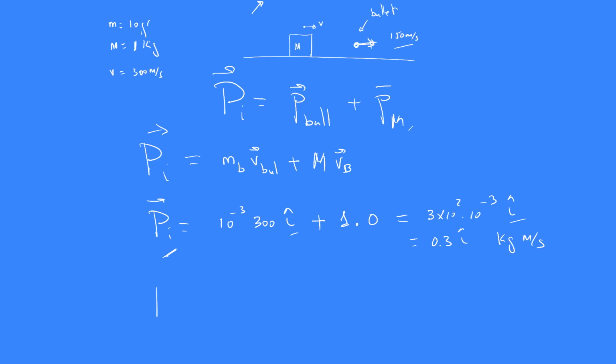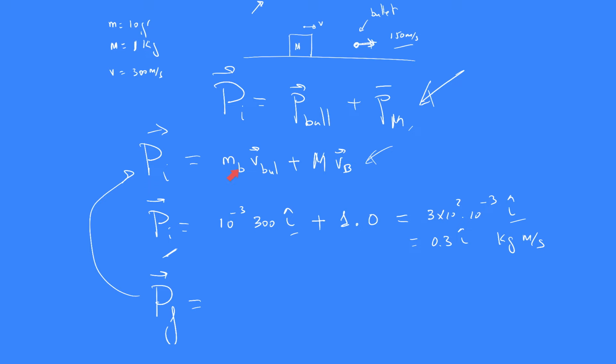What is the final momentum? The final momentum has the same expression as this one, only the data is different, not because the mass has changed, but because after the collision the velocity vector has changed.